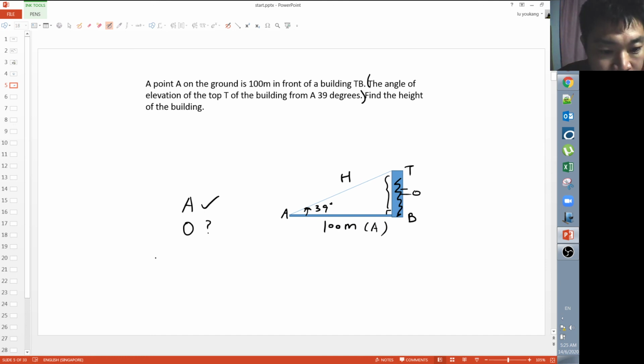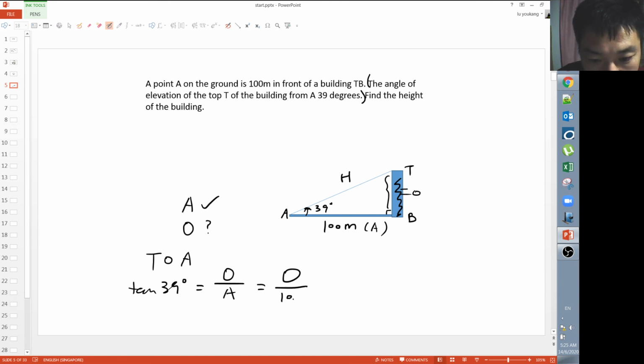So you are supposed to use your TOA, right? So tangent 39 degrees is equal to O over A, and your O is what you need to find. Your A is given, 100, so O is equal to tangent 39 degrees times 100.